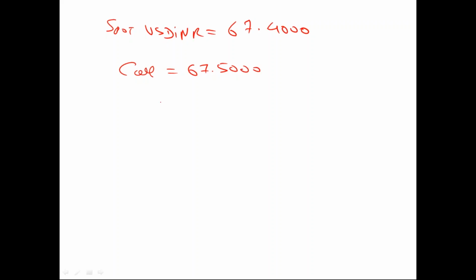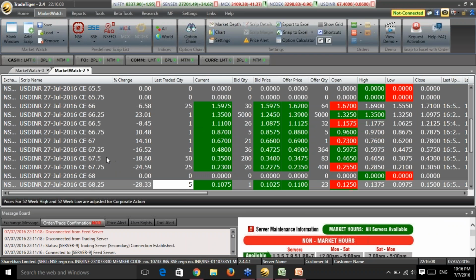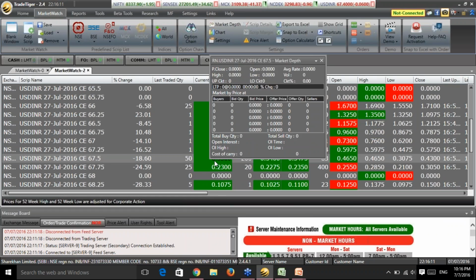So as we saw, the spot price for USD INR pair was 67.4000. Okay, and I'm planning to buy a call option with a strike price of 67.5000 now, and the premium I'm paying is around 35 paisa.